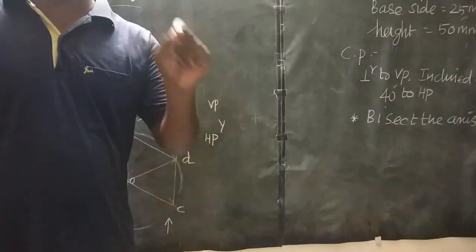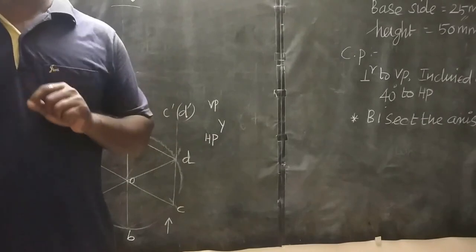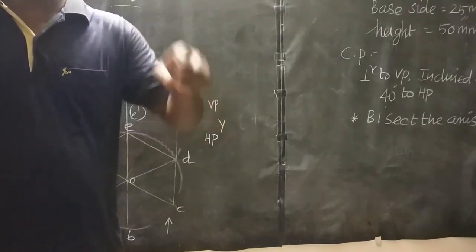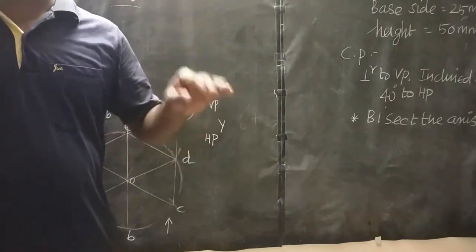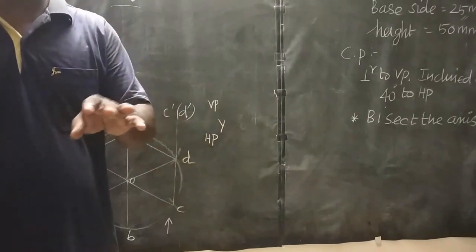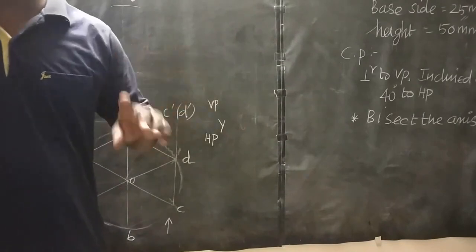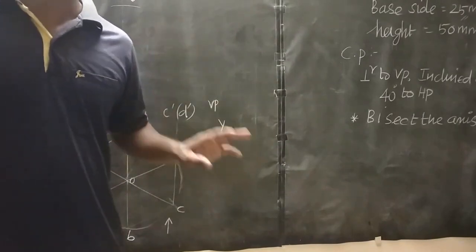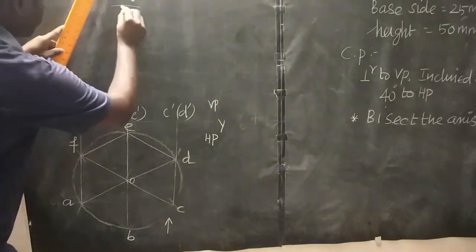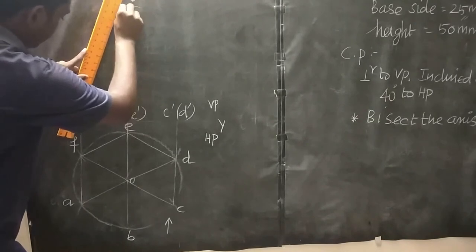The pyramid in one view appears as a triangle. A prism in some view, based on the location, appears as a rectangle. So here this pyramid appears as a triangle.